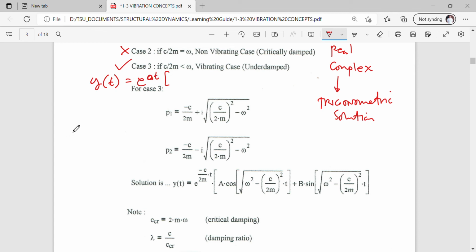If the root, this is the a of the root. Okay, a plus minus i square root of, I think this is in terms of b.